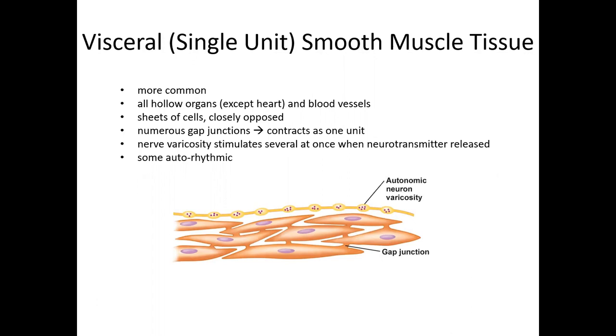And if you notice, there is a nerve going across one side of that. And basically, we have these little rounded areas called varicosities.